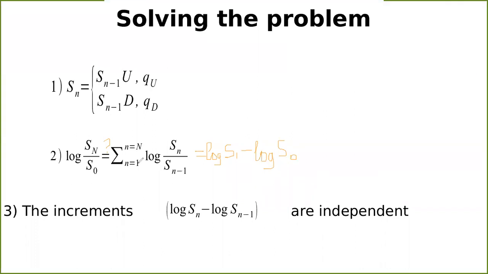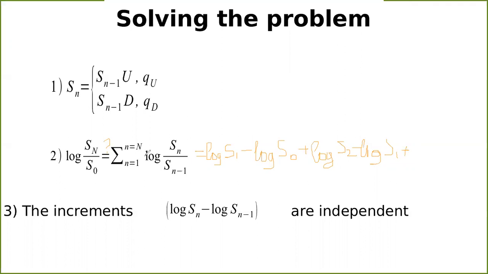Next, for n equals 2, it will be log S2 minus log S1. And so on.